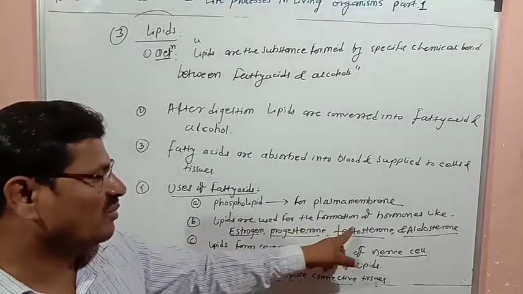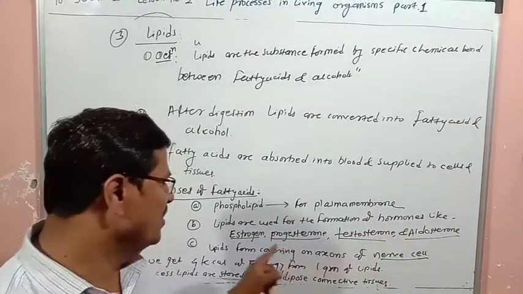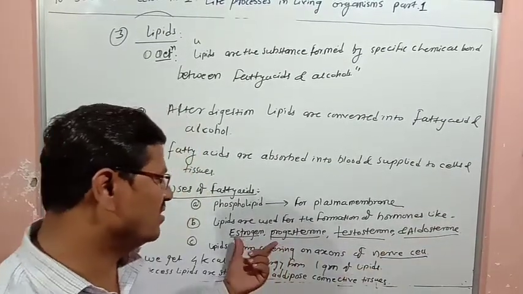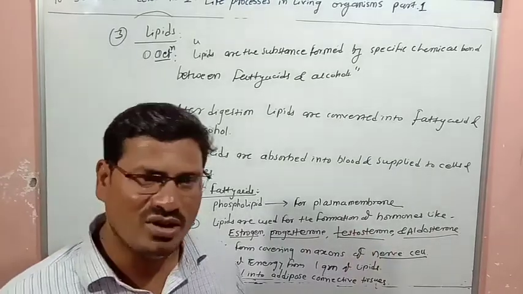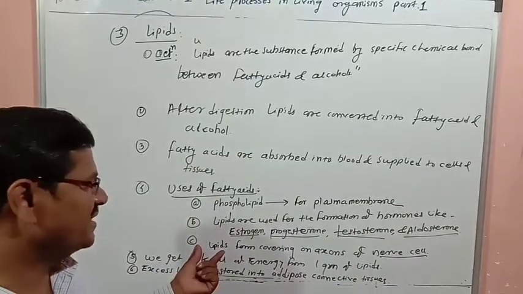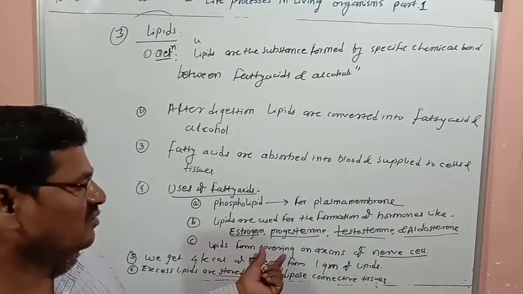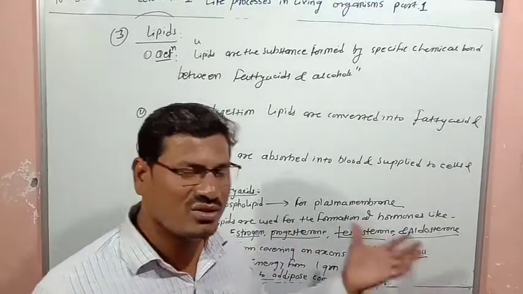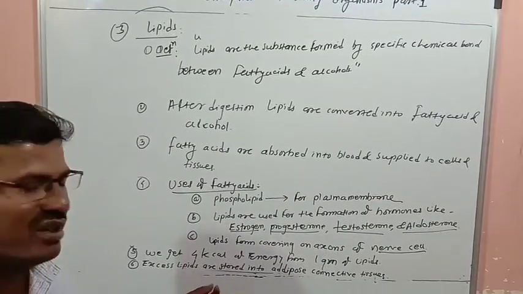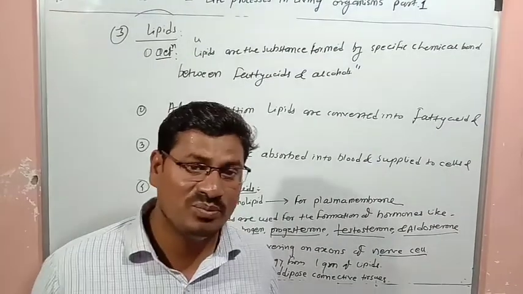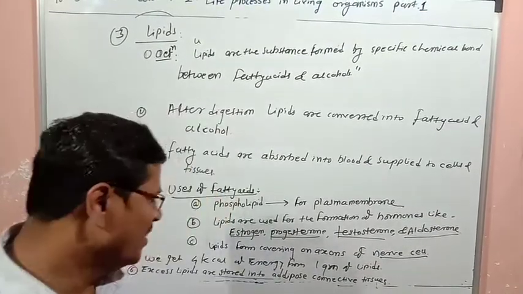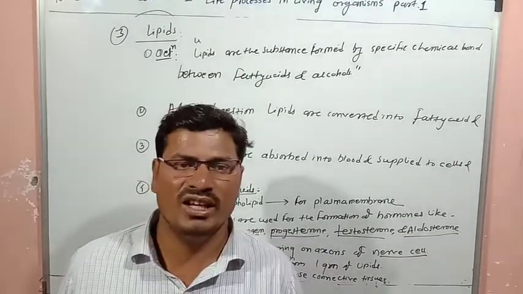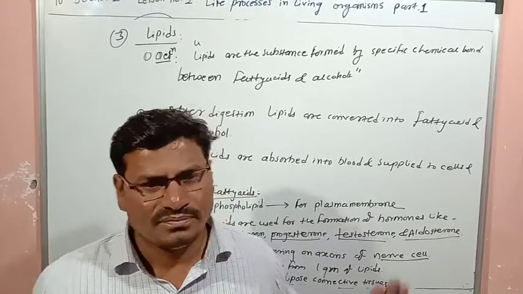Lipids are used for formation of hormones: estrogen, progesterone, testosterone, and aldosterone, the female and male reproductive hormones. Lipids form covering around axons of the nerve cell. We get 9 kilocalorie of energy per gram of lipid. And excess lipids are stored into the adipose connective tissue.